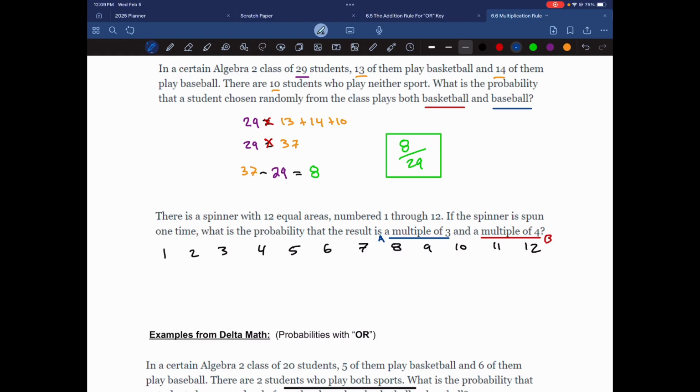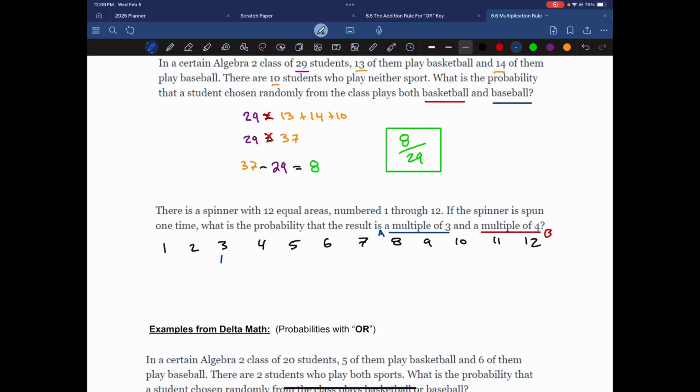Now I'm just going to count by 3s, and everywhere that I stay, I'm going to put an A. So 3, 6, 9, and 12. Now I'm going to count by my multiples of 4, and I'll put a B everywhere there. So 4, 8, and 12.